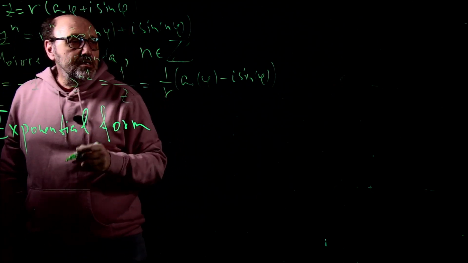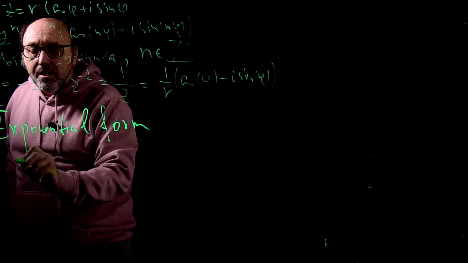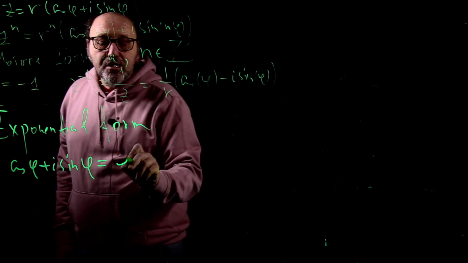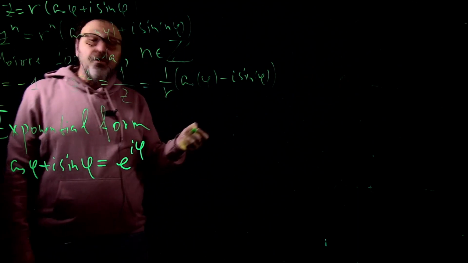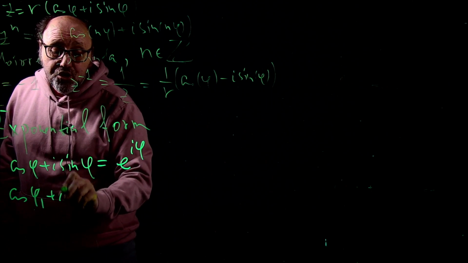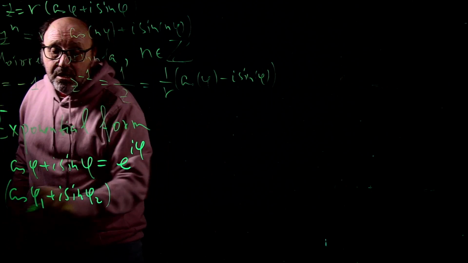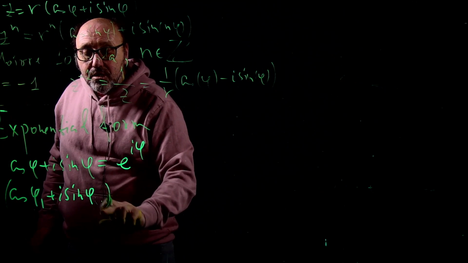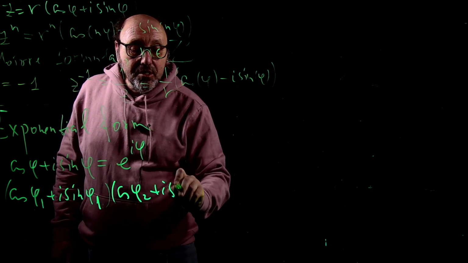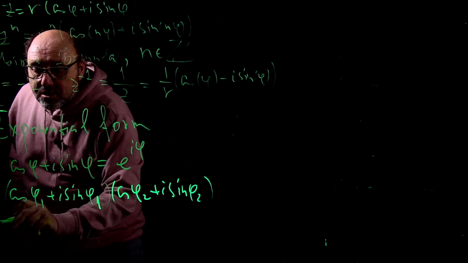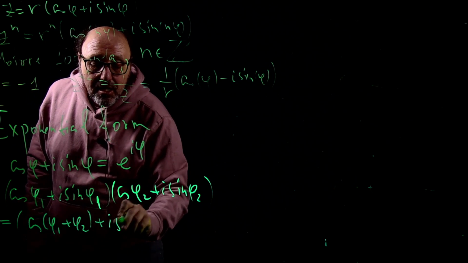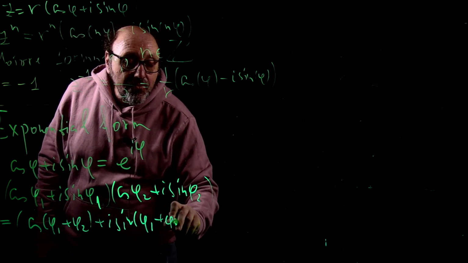So traditionally, the expression cosine phi plus i sine phi is written as exponential i phi, and it is justified because of the rule which I already discussed. If you take the product of two expressions of this type, this is the same thing as cosine of phi 1 plus phi 2 plus i sine of phi 1 plus phi 2.